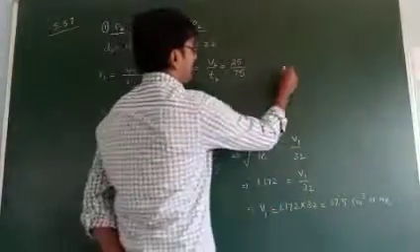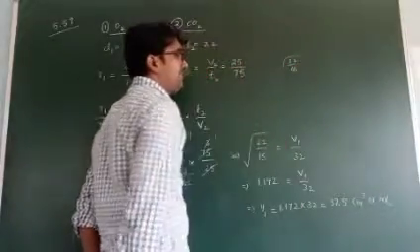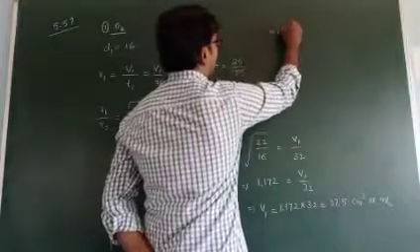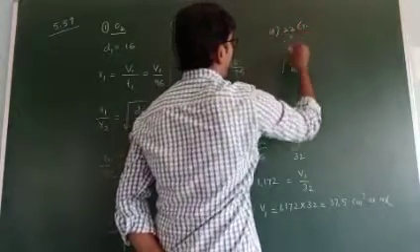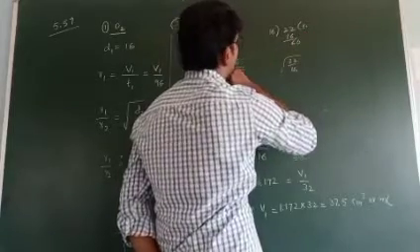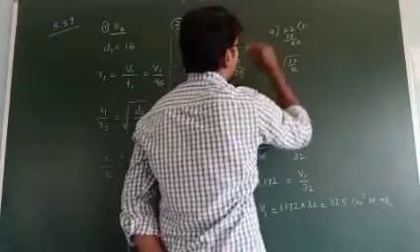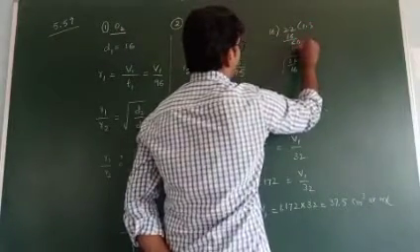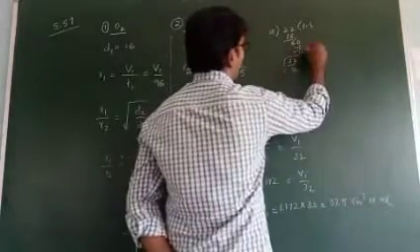But sir, how to calculate in the examination for this type of problem? Listen carefully. For root over 22 by 16, first calculate 22 by 16. 16 ones are 16, 6 is left, 16 threes are 48, 48 means 12, put again 2.